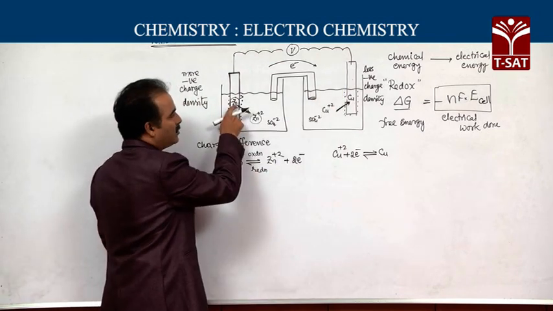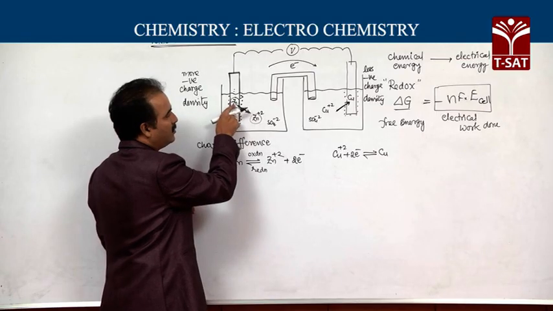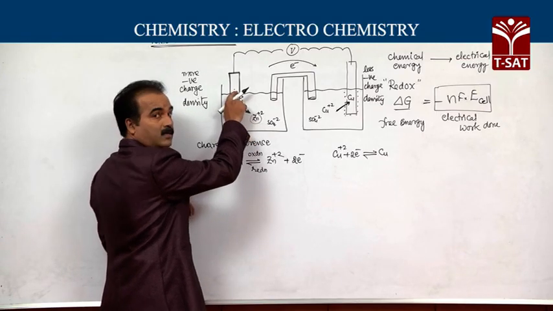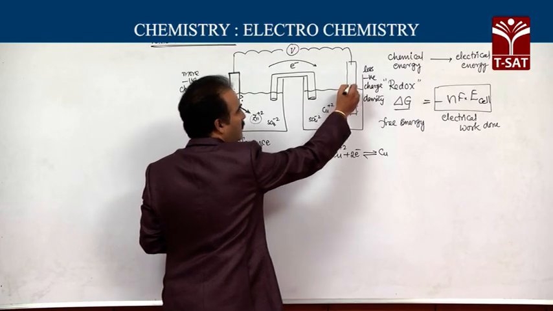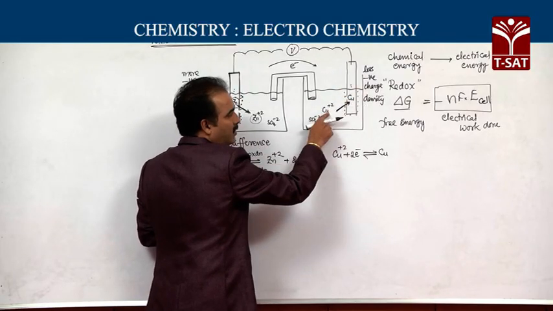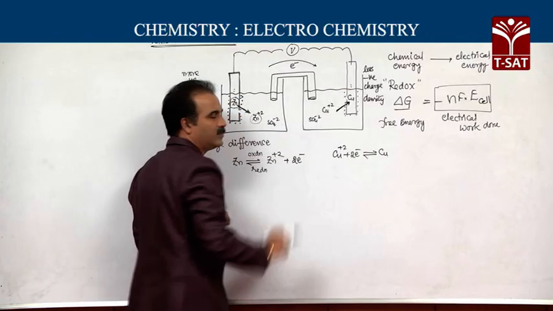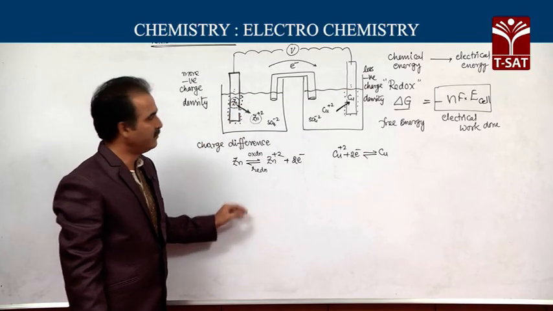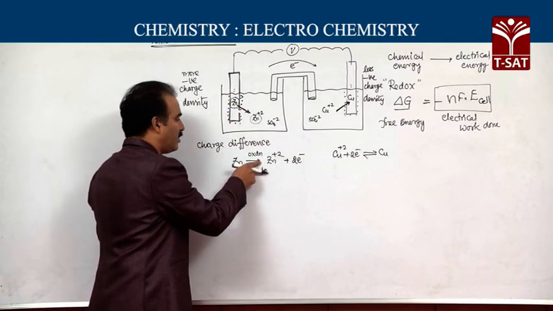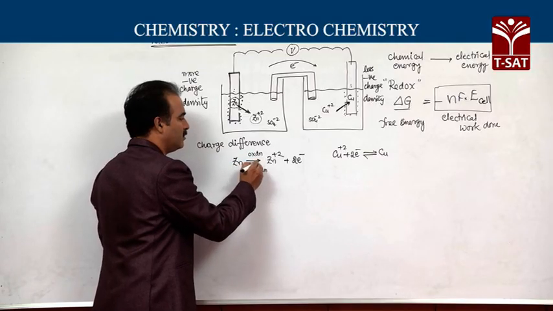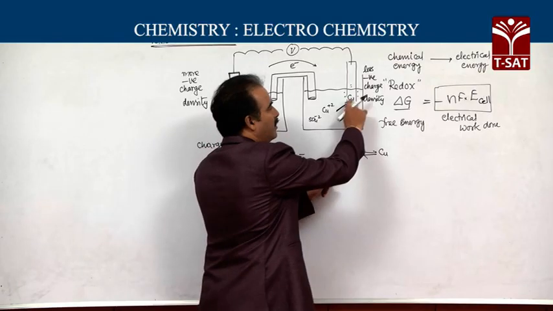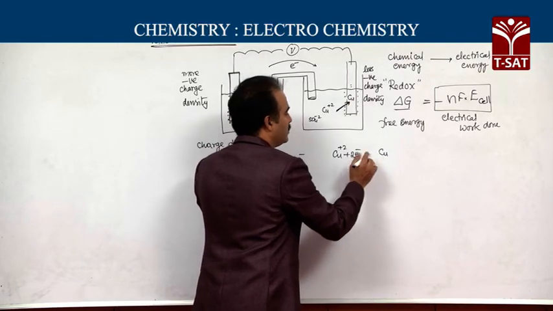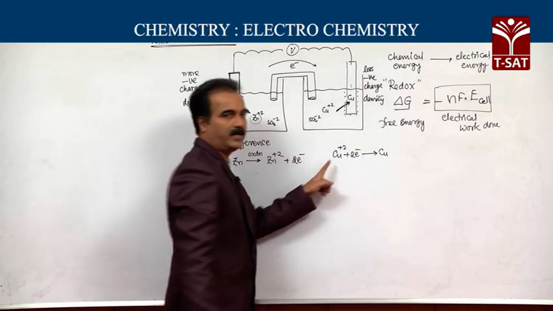That means electrons are lost by the zinc electrode, zinc passes into solution, delivers the electrons, and the electrons reach here. When the electrons reach here, they are received by copper +2 to deposit as copper. So, here only oxidation occurs, reduction is prevented, and here only reduction occurs and oxidation is prevented.